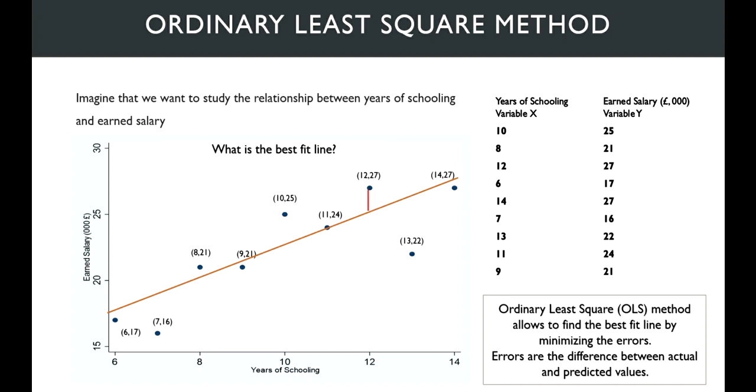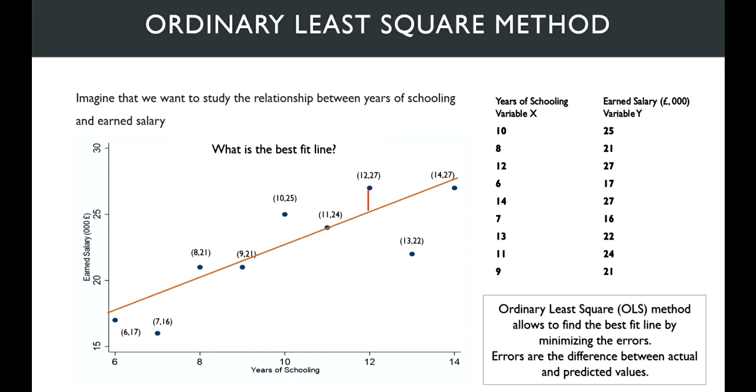So for instance, at 12 years of schooling, the actual value for earned income is 27,000 pounds. But the predicted value or the fitted value, which lies on the regression line, is 25,000 pounds. So we could say that the error is actually equivalent to the difference of 2,000 pounds. That's the part of the actual earned salary, which corresponds to 12 years of schooling, which the regression line fails to predict.